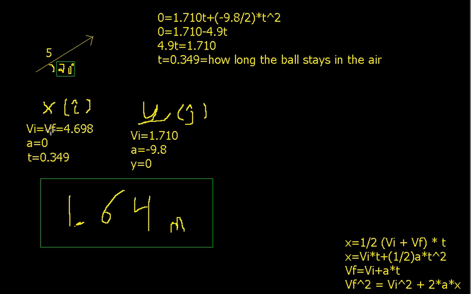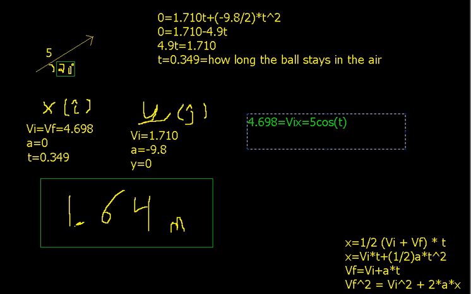And then by doing that, because you know that it's the component in the x direction, you know that this 4.698 is going to be equal to the initial velocity in the x direction, which you know is just whatever the initial magnitude was, which they tell us is 5, times the cosine of whatever that mysterious angle was.